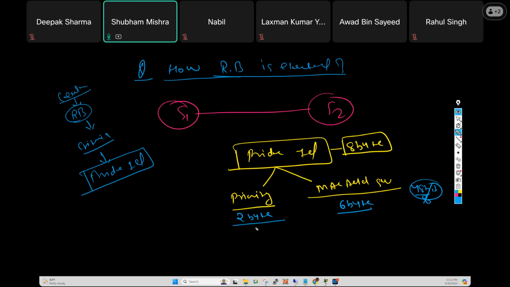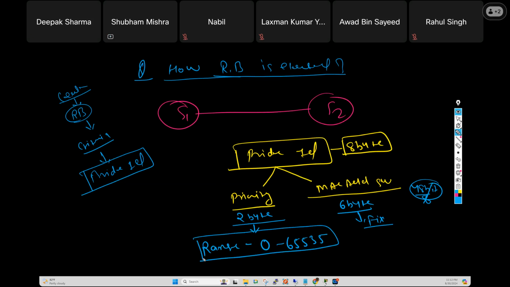Now, you know the MAC address is fixed. Now come to priority. Please remember this one: the range of priority is 0 to 65,535. So this is called priority.